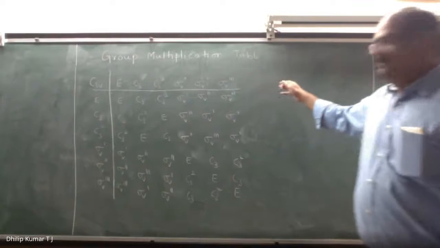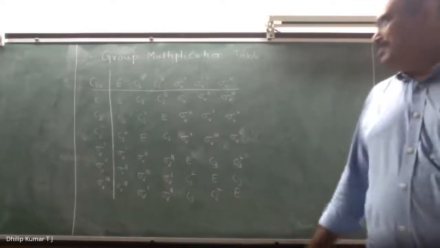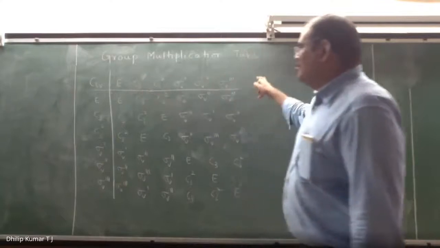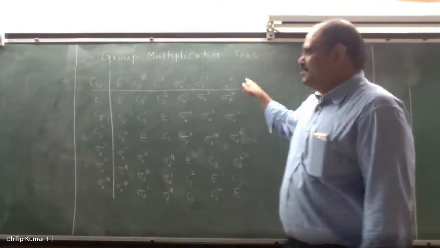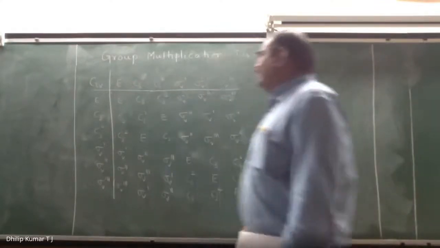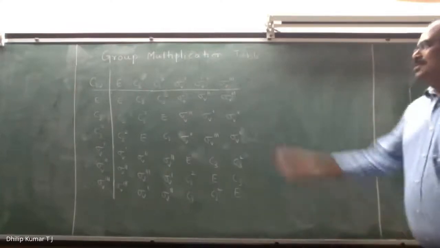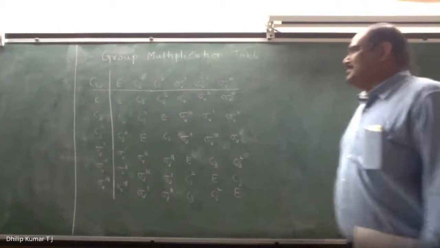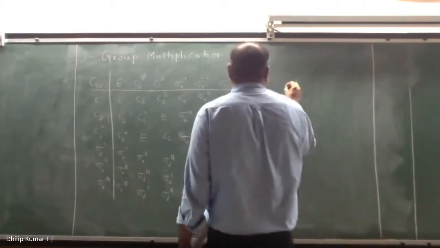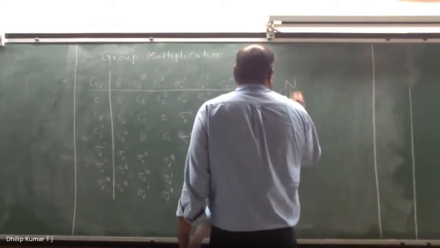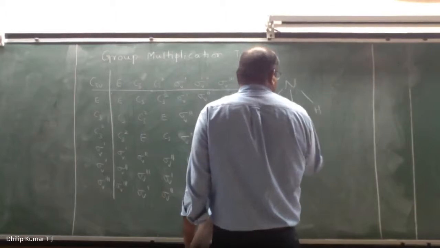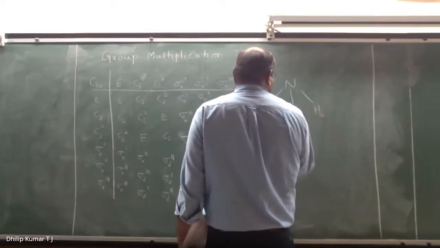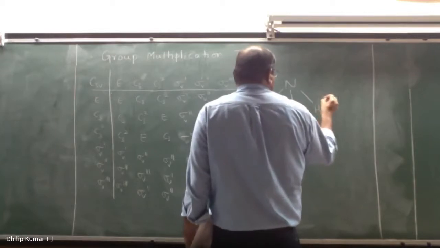Hope it is visible. As I said, there should be elements present in the C3v point group on the top and the first row on the left column, and then you just take the product of it. Then write the result. So you take the molecule ammonia or phosphine, you label it, say HA, HB, HC, and then let's see.